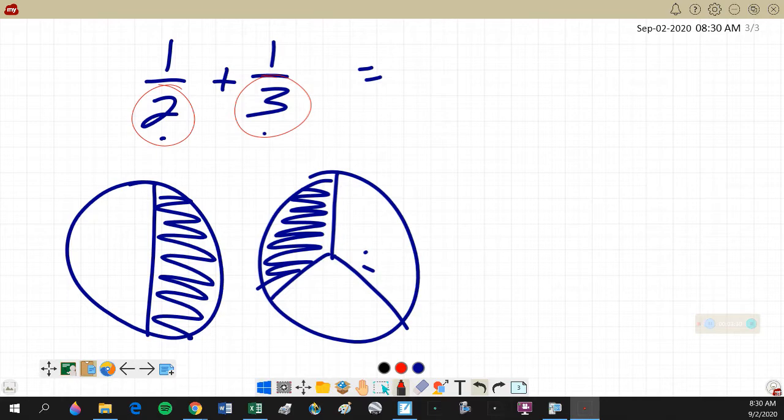6. So I want to change the problem to this. So in this first pizza, I'm going to cut into 6 pieces. And this one I'm also going to cut into 6 pieces. How many sixths are there in that first one?